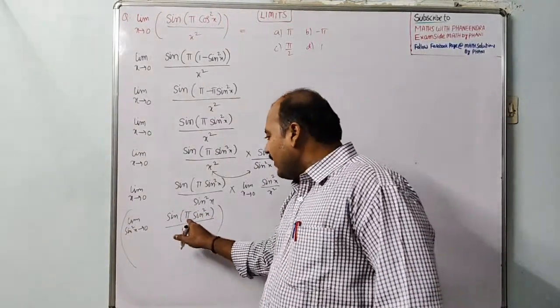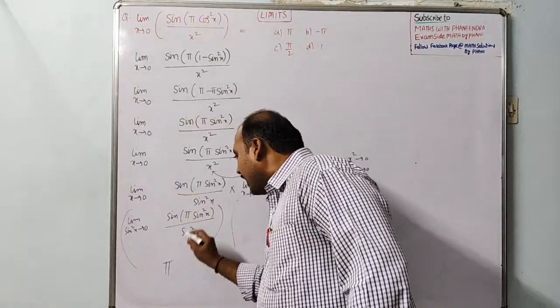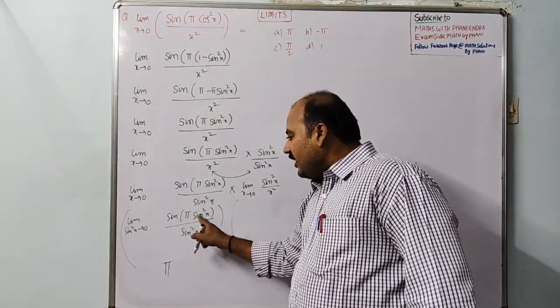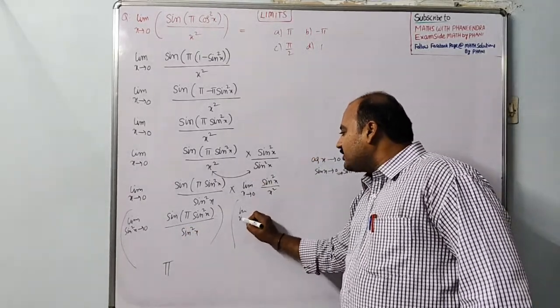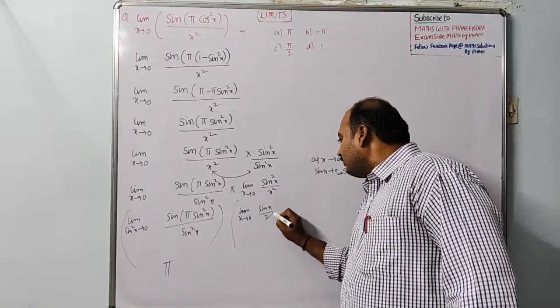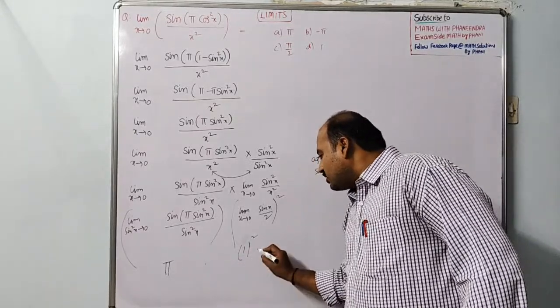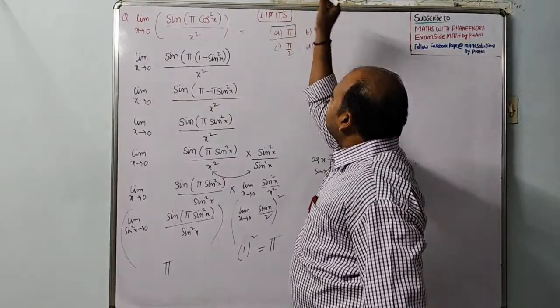The a value is pi. The second one we can write as limit x tends to 0 sin x by x whole square, and this value is also 1 square. So pi into 1 square is pi. Our answer is pi, dear students.